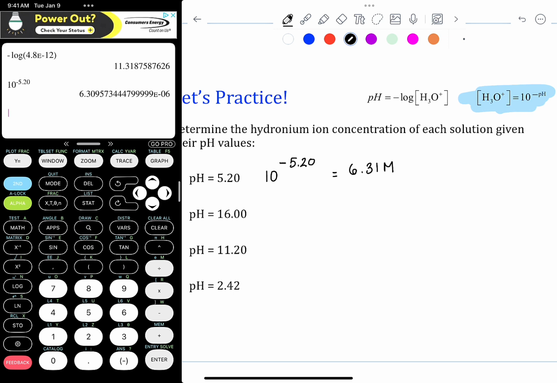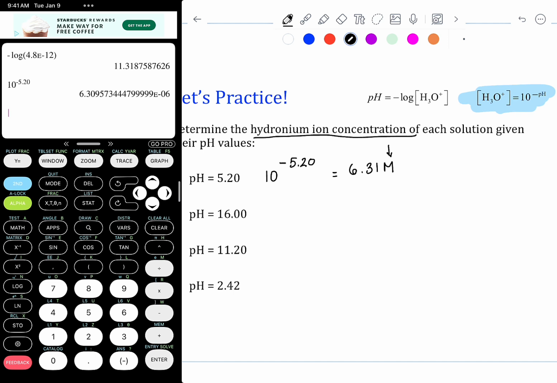Now we're looking for the hydronium ion concentration, so it must have units of molarity. The only thing that is dimensionless or unitless is pH. So we now know that since it's a concentration, it's going to have concentration units of molar or moles per liter.